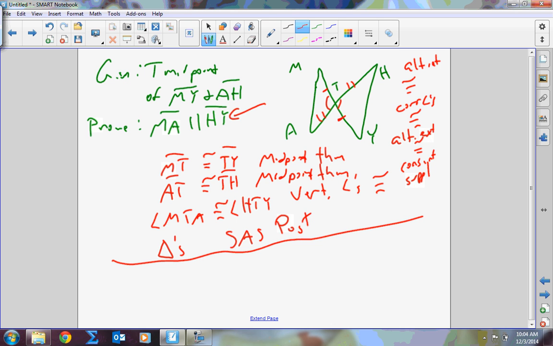And so for us, if I write out this triangle congruence, triangle MTA is congruent to triangle, and let's check. From M to T is one congruent mark, so that means I need YT, and then from T to A is two. So the way I originally named the triangle, I'm going one congruent mark, two congruent marks.